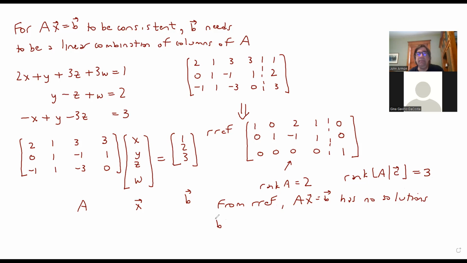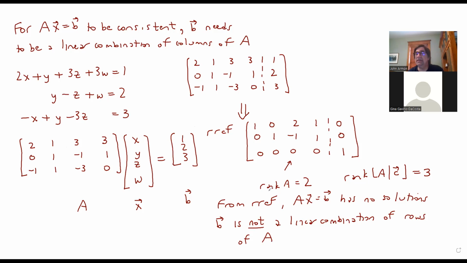So what that means is that vector B here is not going to be a linear combination of the rows of A. I said columns and I meant rows. Because if it was, we could write 1 as a certain number of x's, a certain number of y's, a certain number of z's, and a certain number of w's.